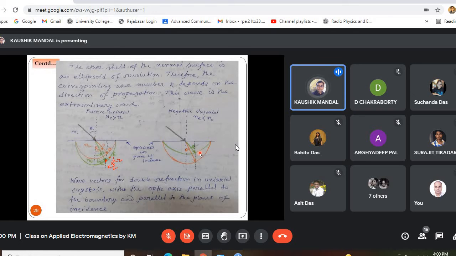Now if I ask, if this particular surface is an isotropic material, then what will happen? Will there be any existence of extraordinary wave or extraordinary ray?